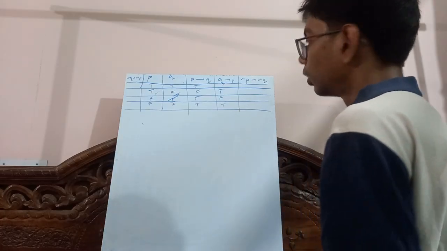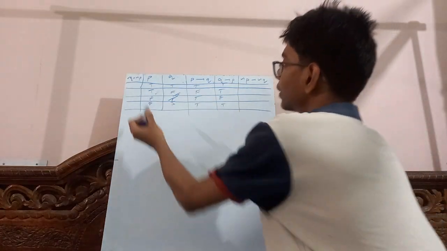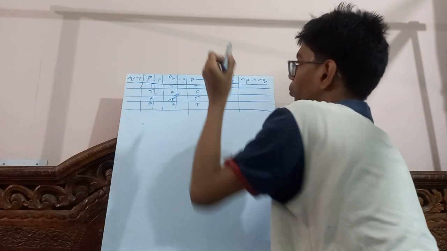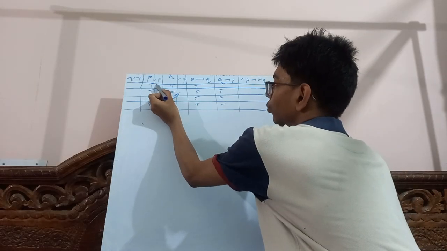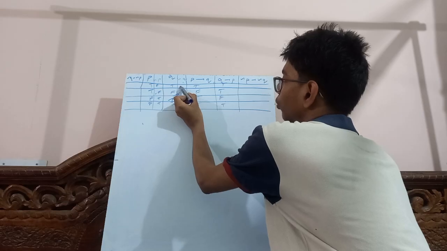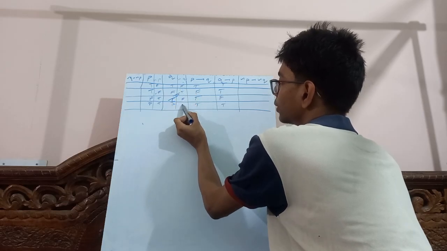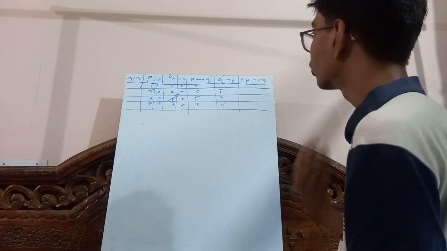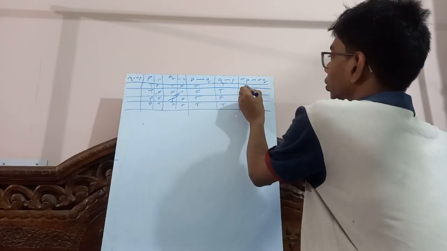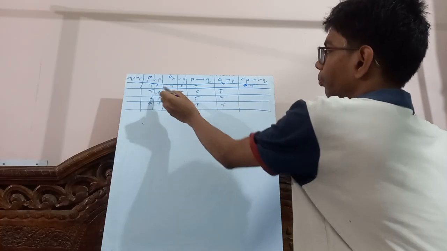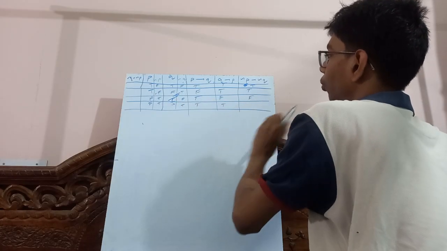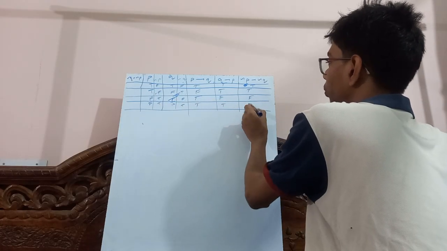Right. Now we will see the negation. So negation of P I will write here, and then negation of Q, right? Negation of P will be false, false, true, true, and negation of Q will be false, true, false, true, right? Then negation of P arrow negation of Q, the conditional statement, will be true, false but true, true, true but false, false, and then true and true, true, right?